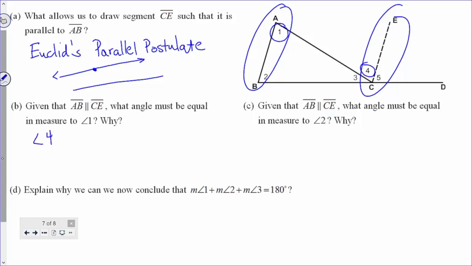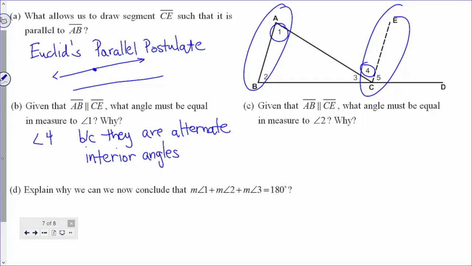Now why? Well, because they are alternate interior angles. Now make sure you can really picture that. All right, this is incredibly important. All they are is the angle of that Z, right?